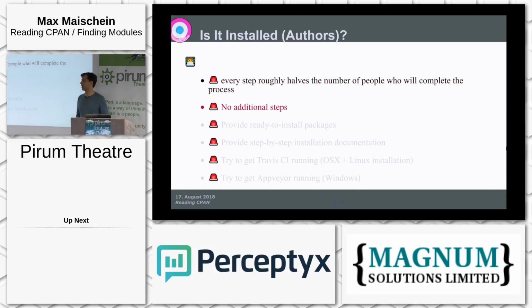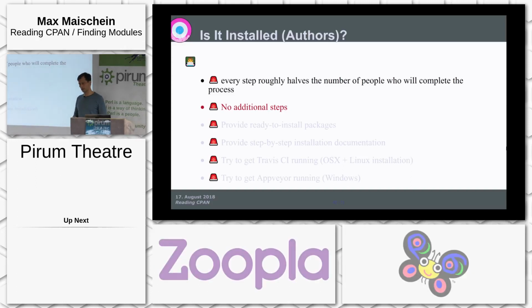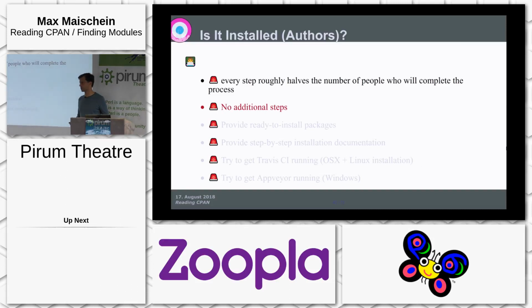Ideally, obviously, there are no additional steps beyond installing from CPAN, but some modules require you to go into the test suite and patch a username and password into that. You could make that easier by allowing an environment variable, for example, so that people can set the environment variable and then run the CPAN installation, or something like that.